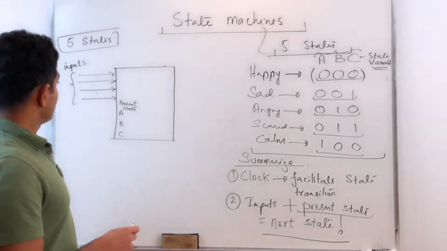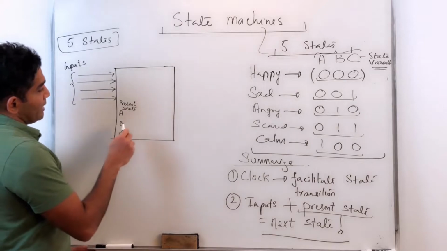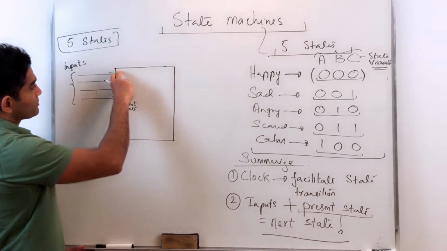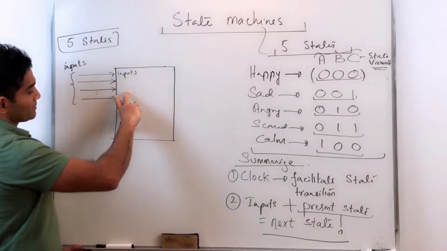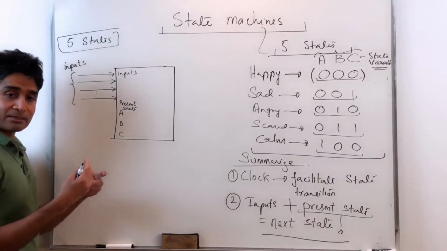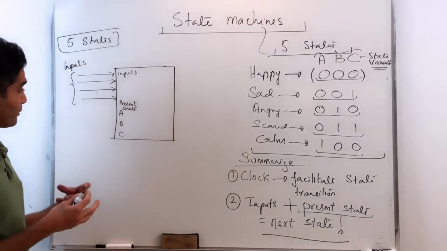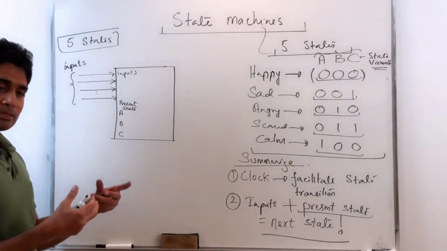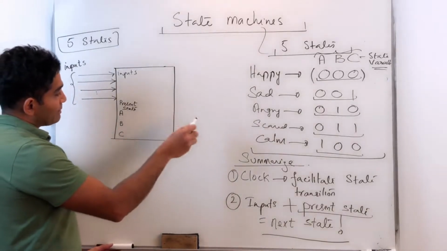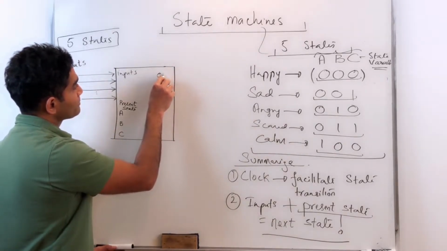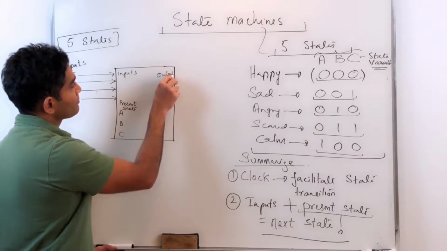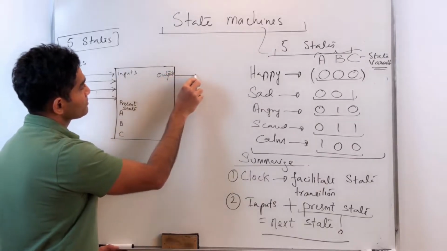And the inputs along with the present state, combined in a certain way, I don't know what way we're going to combine them, would tell me what my next state should be. Of course, I have some outputs here that I may produce.